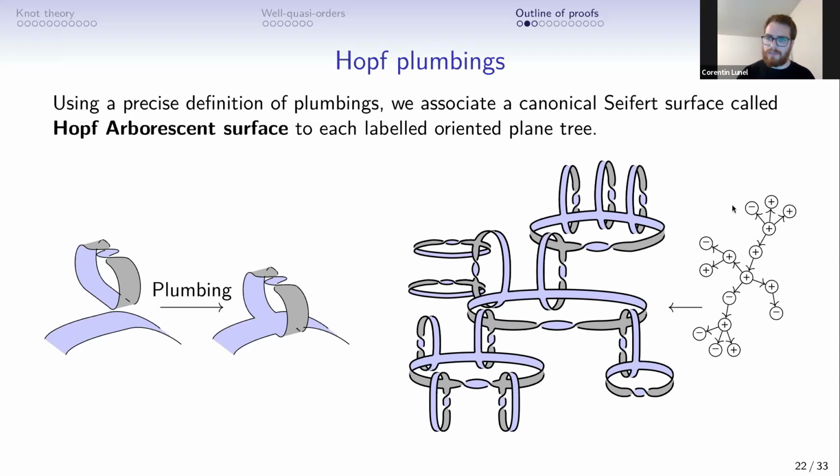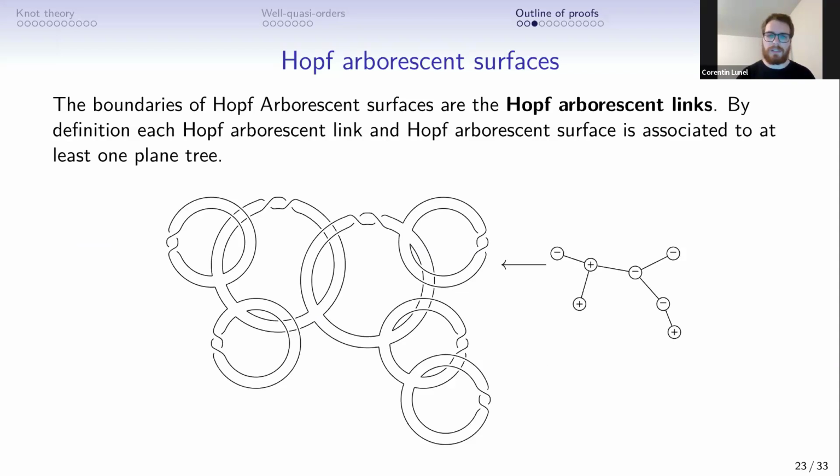The labels correspond to the sign of the Hopf band, and the orientation is relevant for the operation of plumbing that we define. Then the Hopf Arborescent links are the links that we can obtain as boundaries of the Hopf Arborescent surfaces. So by definition, to each Hopf Arborescent surface and to each Hopf Arborescent link corresponds at least one plane tree.